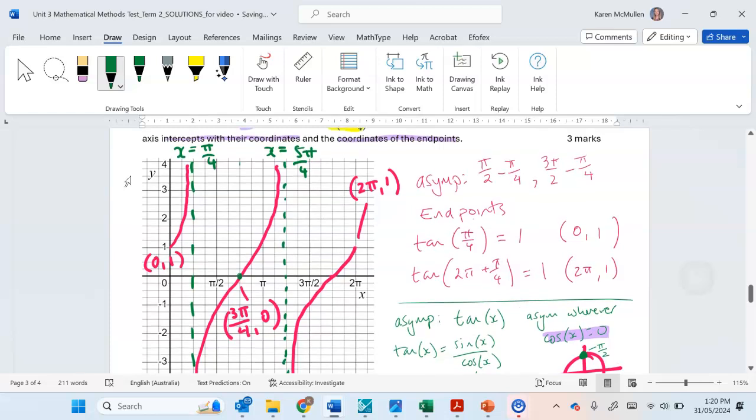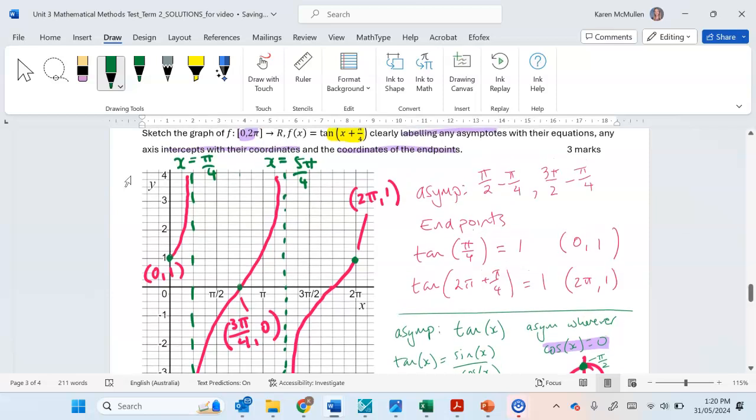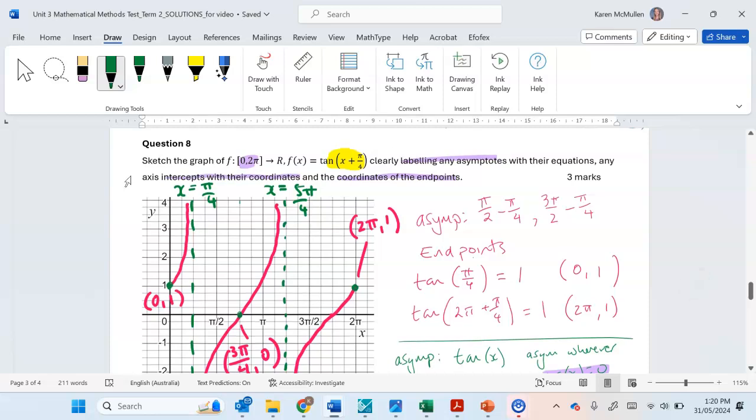Now we did have to have it at either end as well. So we've got this end point here because we're only going from 0 to 2 pi. So my endpoints are at x equals 0 and x equals 2 pi.